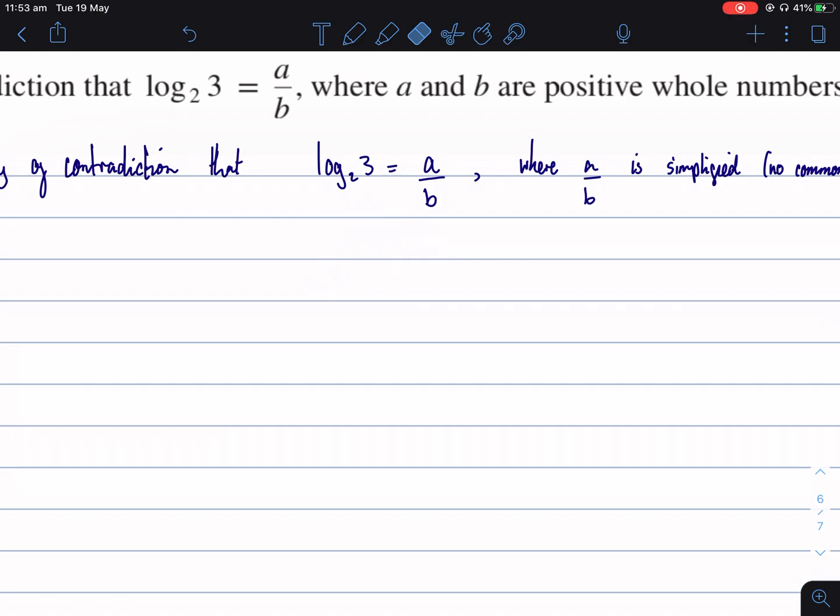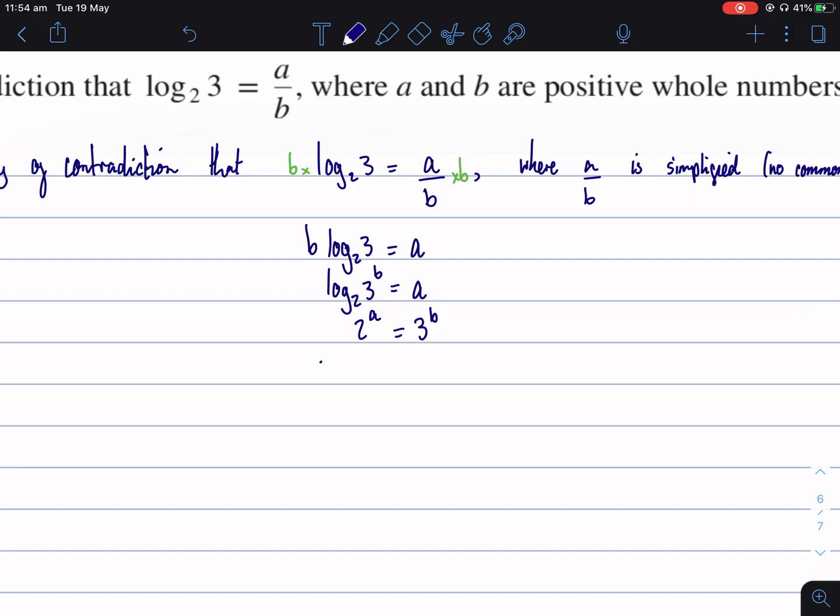No, I'm going to get that b over to the other side. So I'm going to multiply both sides by b. And I'm going to end up with b times log base 2 of 3 equals a. Which means log base 2 of 3, I can now move that b up. Which means 2 to the a equals 3 to the b.